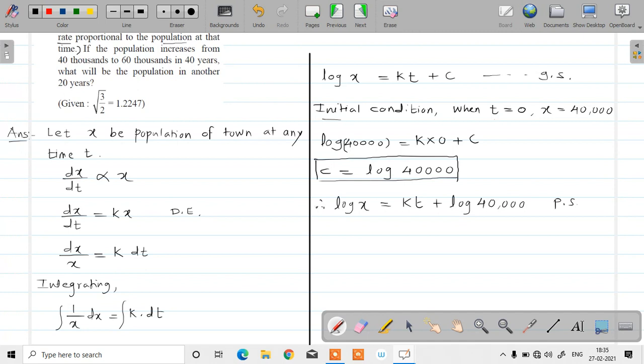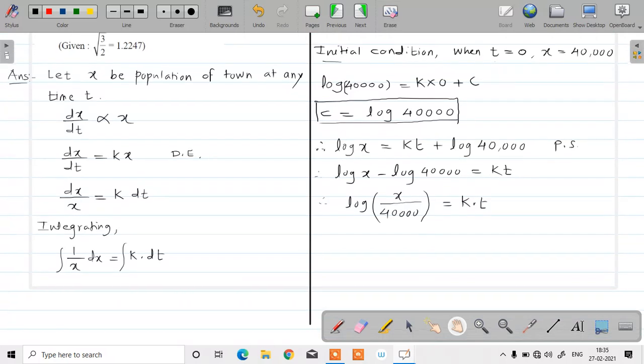Now modify this particular solution by using the logarithmic rule: we can write log x minus log of 40,000 is equal to k into t, and hence we get log of x upon 40,000 is equal to k into t. So this is the particular solution.